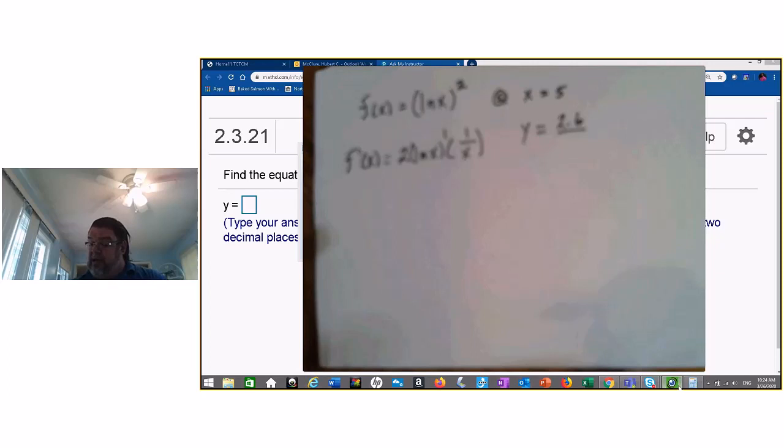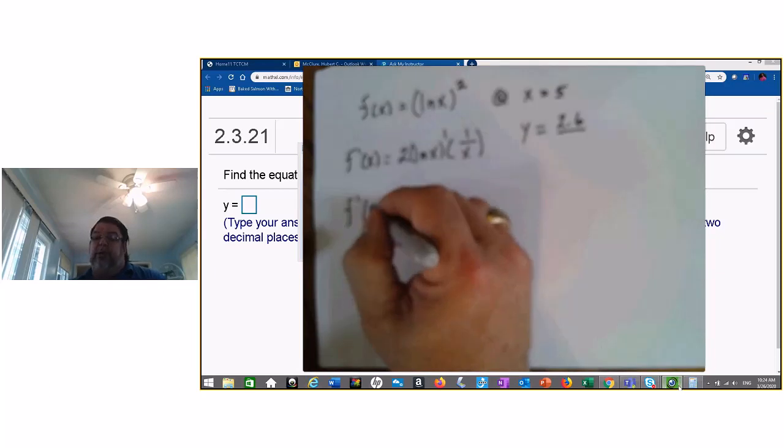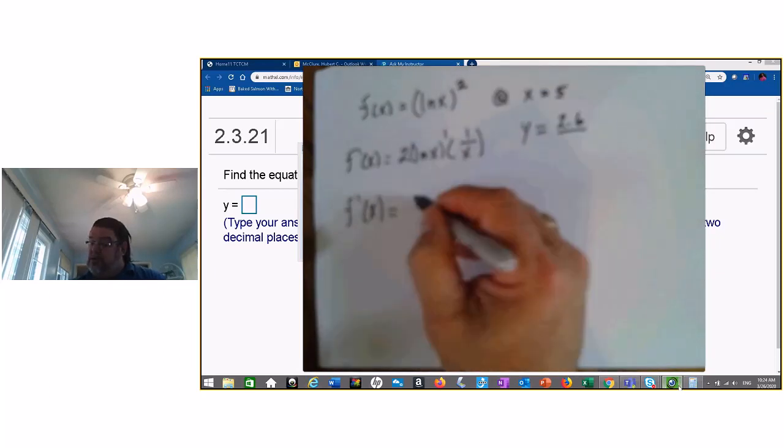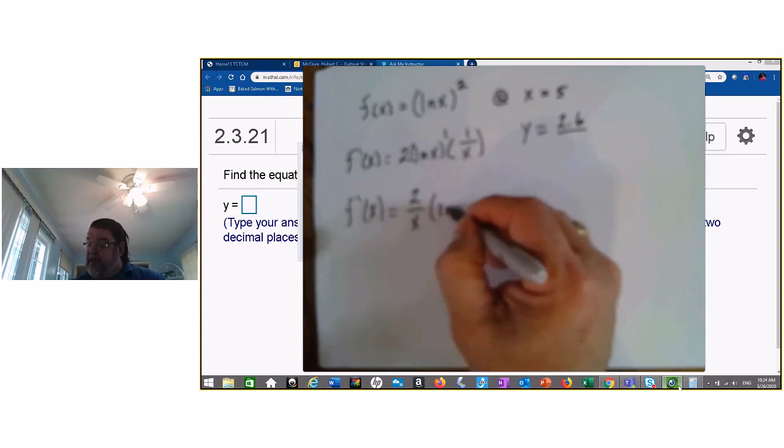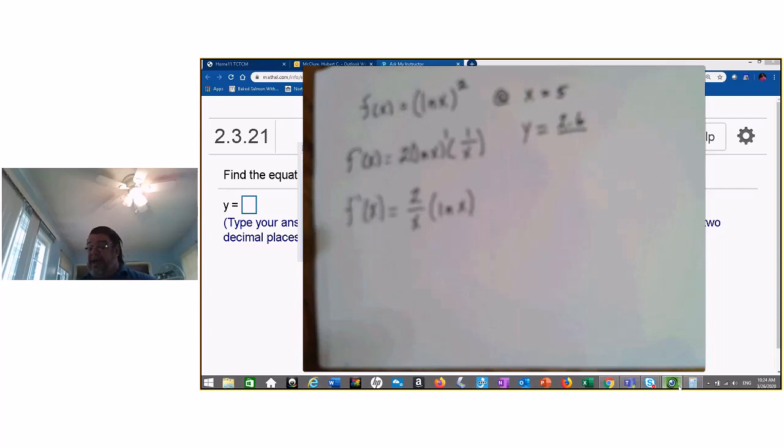So now f prime of x is equal to 2 over x times the natural log of x. And that is f prime of x.